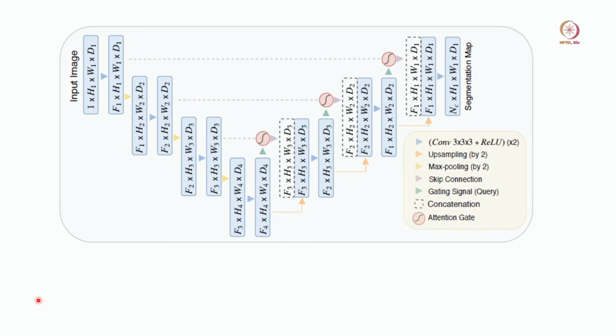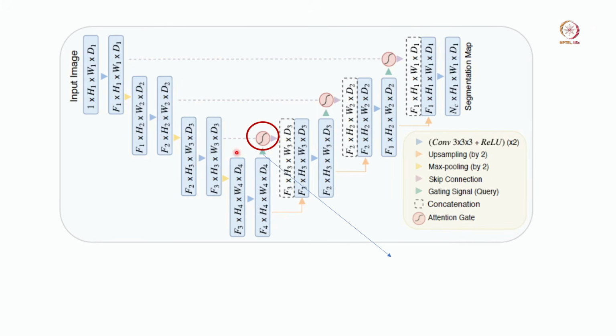Now this is a figure that I have taken from the original paper. We have the input image, then the downsampling, then these are the attention gates, and then there is the up convolution or upsampling, and finally we get the segmentation map as I was discussing. Now suppose you take this attention gate.